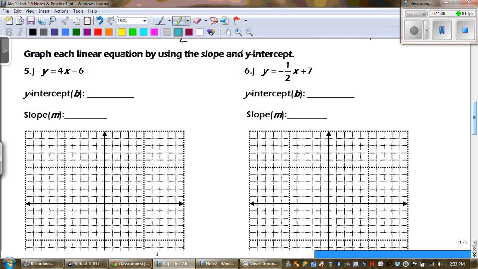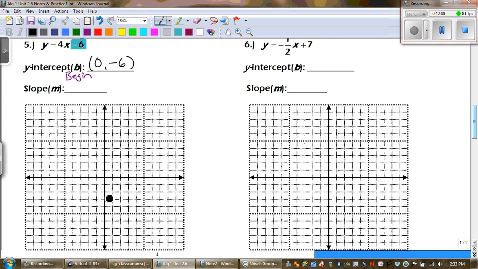Okay? So that's what we're going to be doing on this back part, on number 5. It says to graph each linear equation by using the slope and y-intercept. So right away, there's my y-intercept. When I plug this in, I'm just going to write (0, -6). And this is where we begin. So right away, at (0, -6), that's where we put our first point.